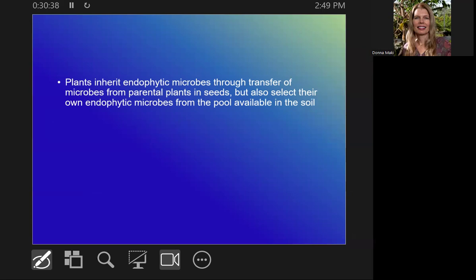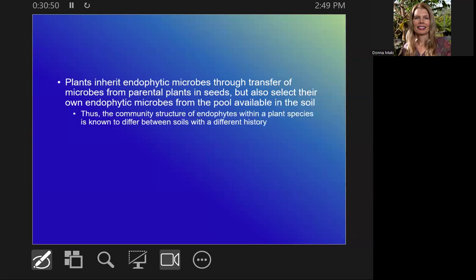But now they're saying that all plants will select endophytes from their habitat. Once that seed germinates and grows, they will get more endophytes through that process as well. And so you can get endophytes that vary. There's endophytes that came with the seed, plus then there's fresh endophytes that get taken up when that seed germinates in that soil system.